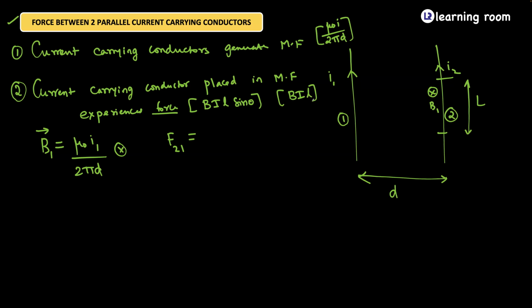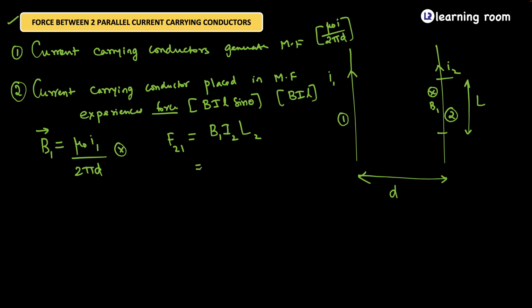Here, I will write the magnetic field generated due to the first conductor, current due to the second conductor, and length of the portion of the second conductor, L2. That is this portion. Did you understand the notations? Am I clear?